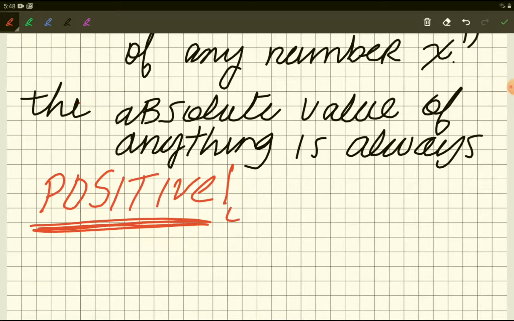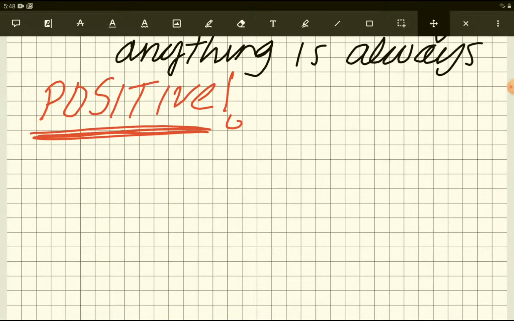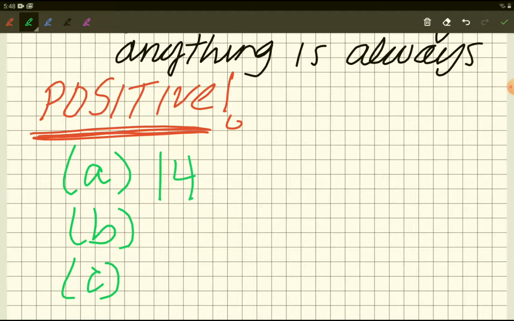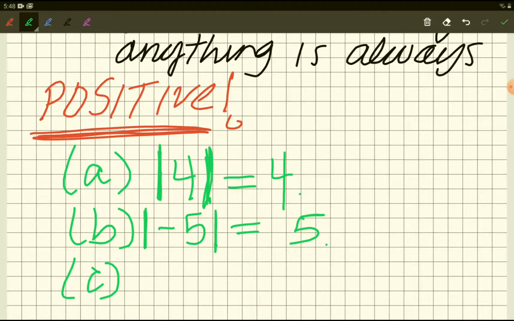Very, very simple. Today in class I had 3 examples. The absolute value of 4 is just 4. Here's where the magic happens: the absolute value of -5. Anything inside becomes positive, so your answer is 5.